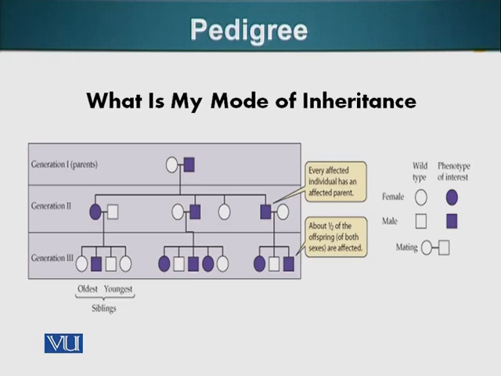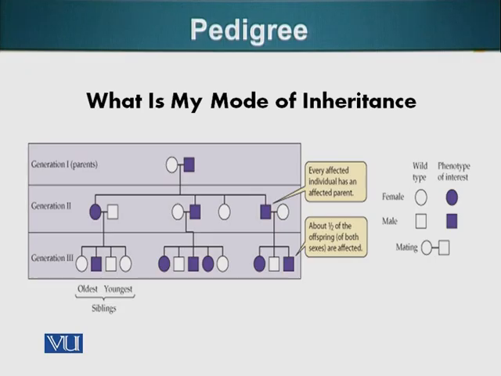Now, when you look at this, you can immediately tell it is an autosomal dominant condition. How can we do that? We need to understand the features of autosomal dominant disorders. We will go to that next. Here, also please note, when you are making a pedigree, the oldest offspring comes first, then the second oldest, third oldest, and the youngest is last.